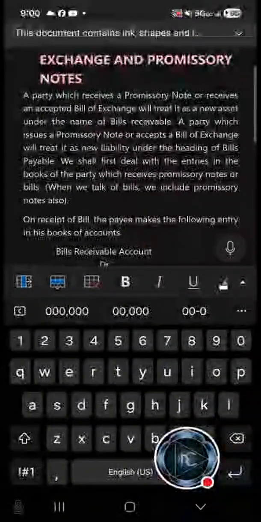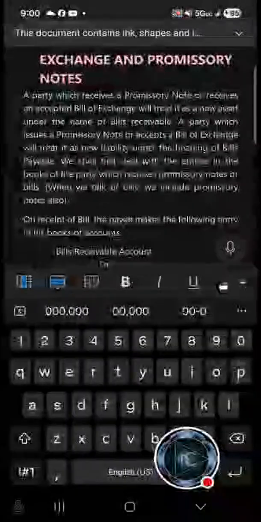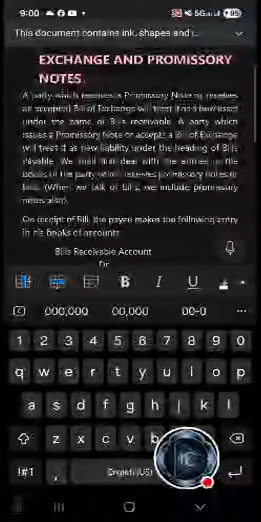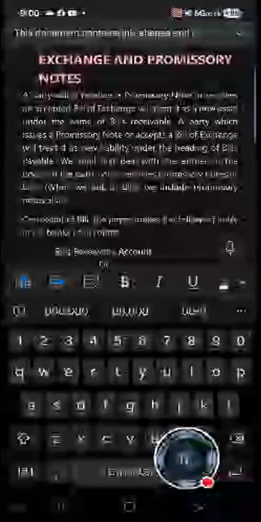A party which issues a promissory note or accepts a bill of exchange will treat it as a new liability under the head of bills payable.